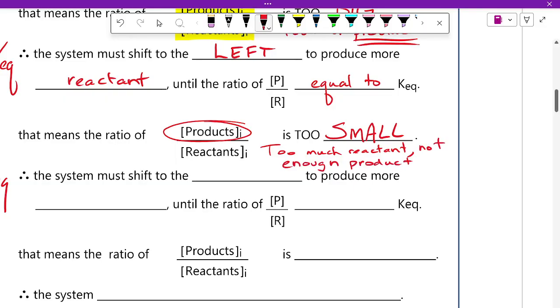So we're going to have to shift to the right. The objective is always to get that ratio to equal KEQ. So we shift to the right to produce more product until the ratio of product to reactant is equal to KEQ.